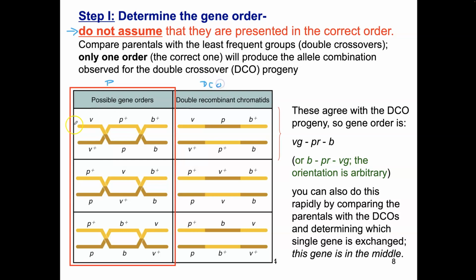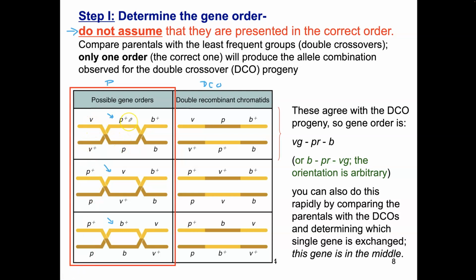Basically you look at every combination. So purple could be in the middle, vestigial could be in the middle, or black could be in the middle. And then you put in the correct parental genotypes that are shown here. And then you do the double crossover to see what you would get.